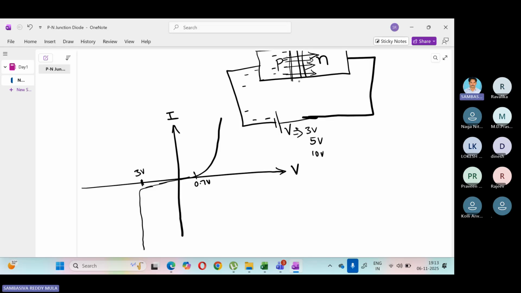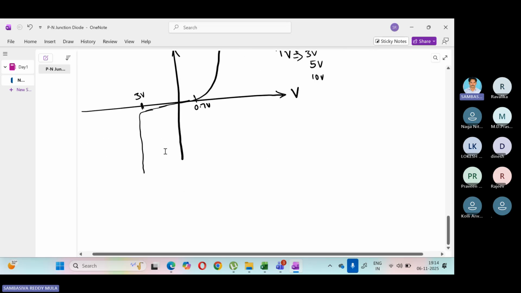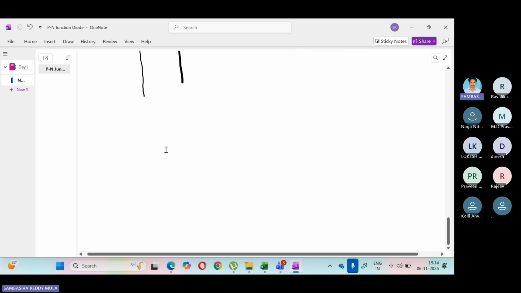But the voltage across this Zener diode remains 3 volts, which is equal to the Zener breakdown voltage. After the breakdown, the voltage does not change and heavy current will flow through the Zener diode. This is the special characteristic that causes the Zener diode to be used as a voltage regulator.